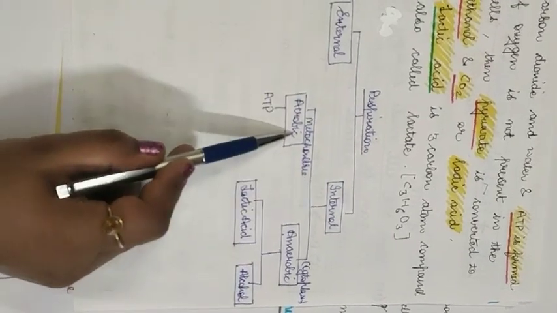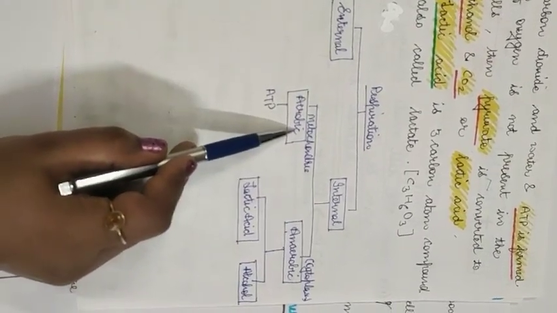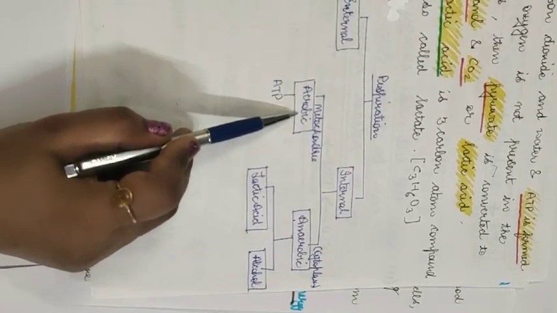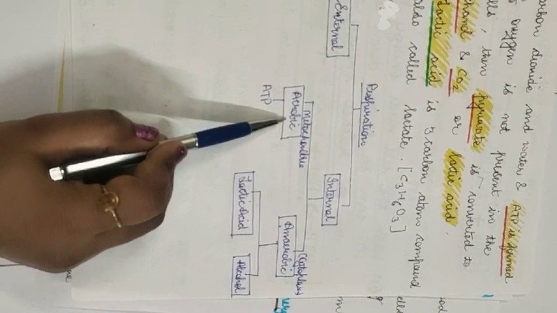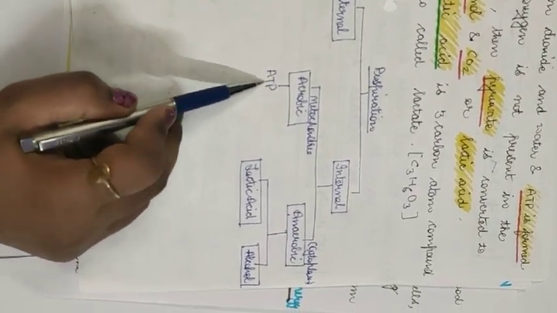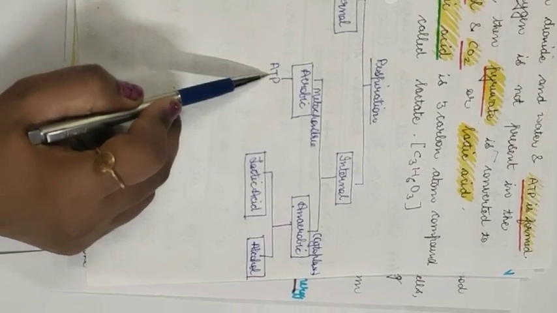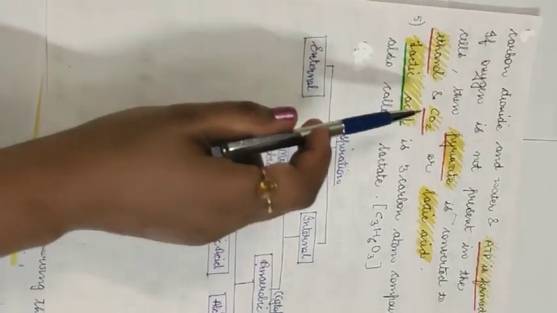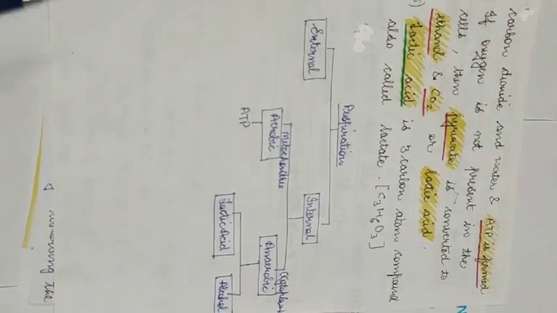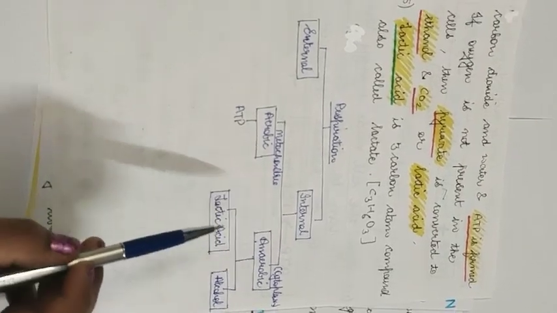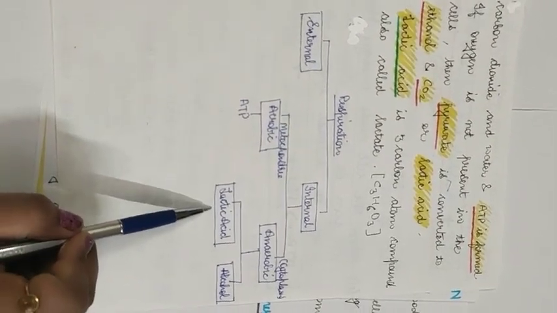Aerobic respiration takes place inside the mitochondria, where glucose is combined with oxygen and produces CO2, water and ATP, a lot of ATP, which gives us a lot of energy. But if oxygen is not present, then it will be anaerobic respiration, in which the food will be converted.